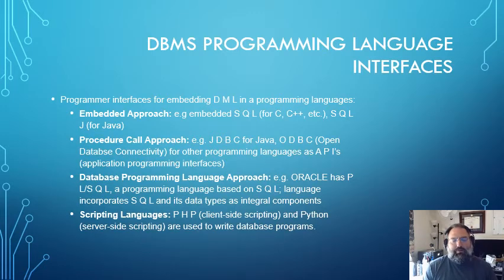Database programming language approach is using something like Oracle PL/SQL, and it's essentially a programming language. It's a variant of SQL. The language incorporates SQL and many of the data types, as well as some integral components. Script languages such as PHP, Python, Java, or JavaScript, and so on are used to write database programs.